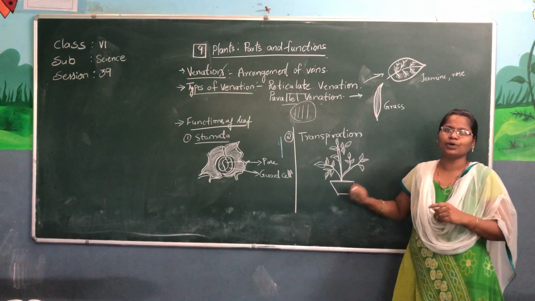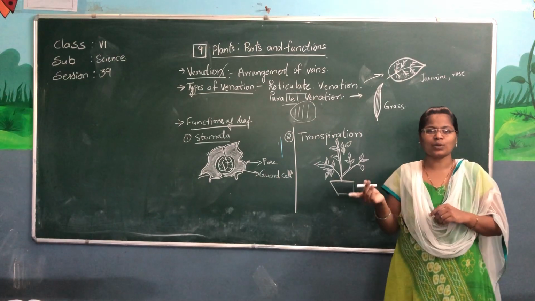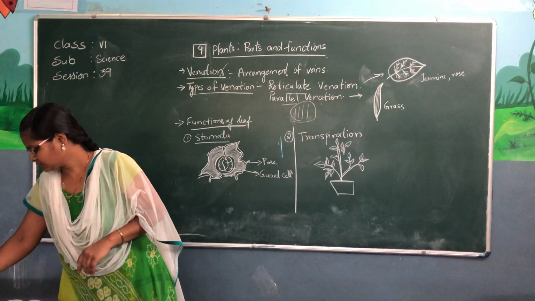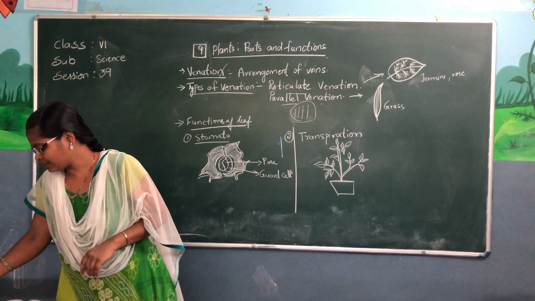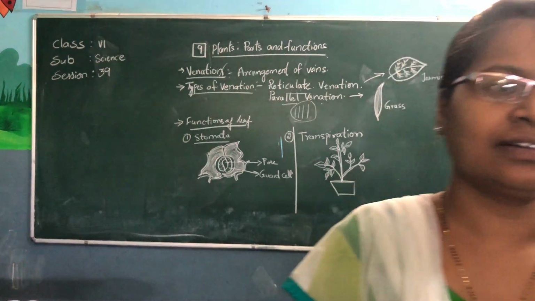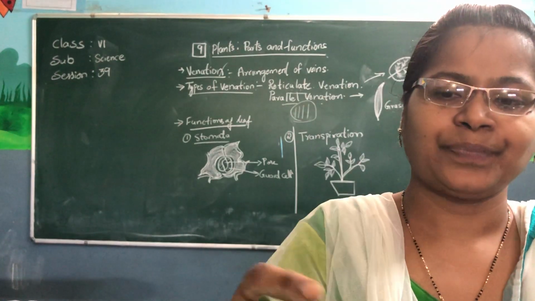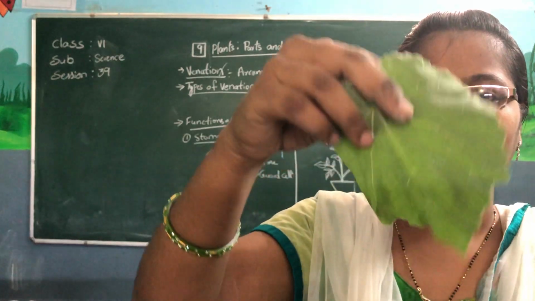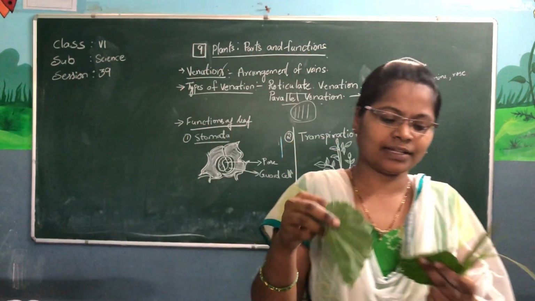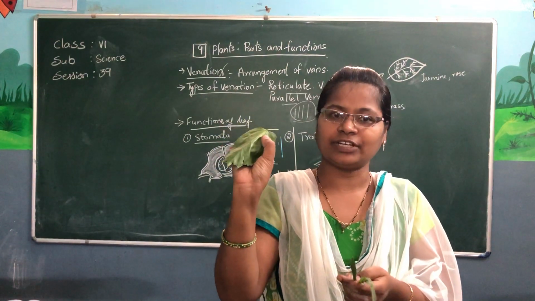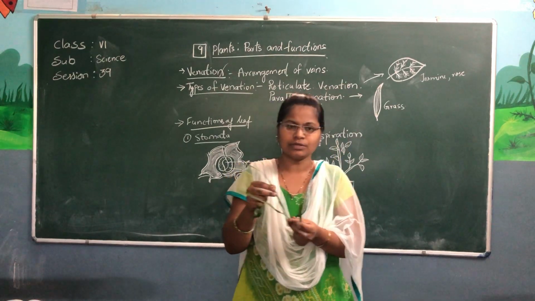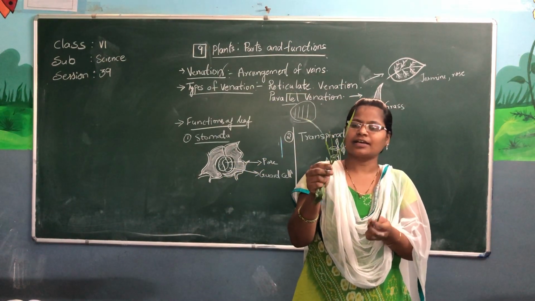Now I will show you the leaves. I have brought a few leaves. I will show you the venation. Try to see it here. This is reticulate venation. And this is also reticulate venation, a hibiscus leaf. Okay, grass I have brought you. This one is grass.